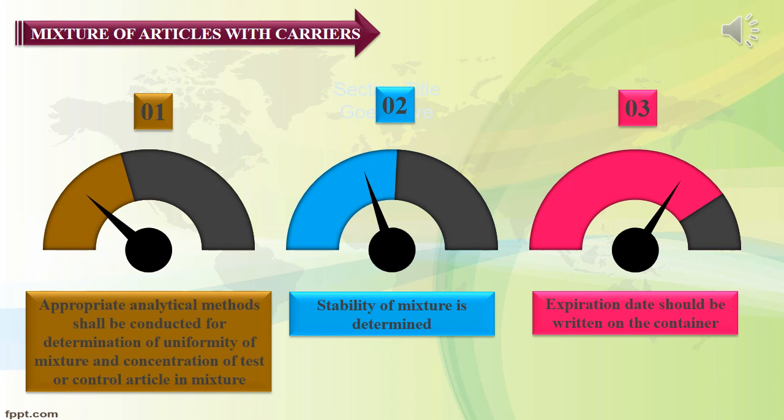Second one, stability of mixture is determined. Third one, expiration date should be written on the container. These are the three points under mixture of articles with carriers.